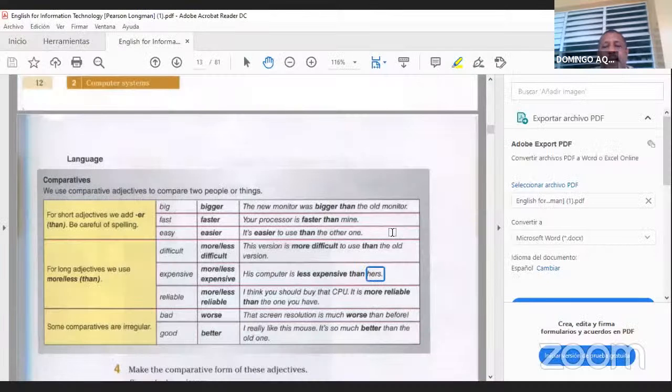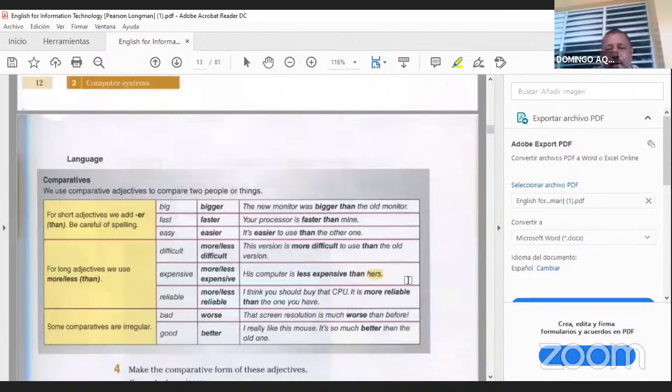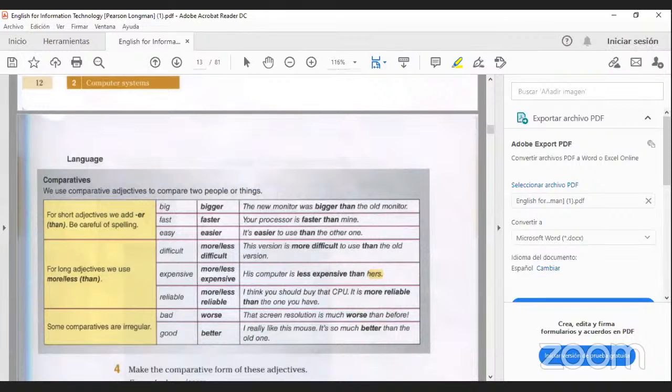I told you here, in this example, why hairs has an S. Who investigated about it? Who can make an explanation about it? I know that grammar, but I don't know the name of that grammar.